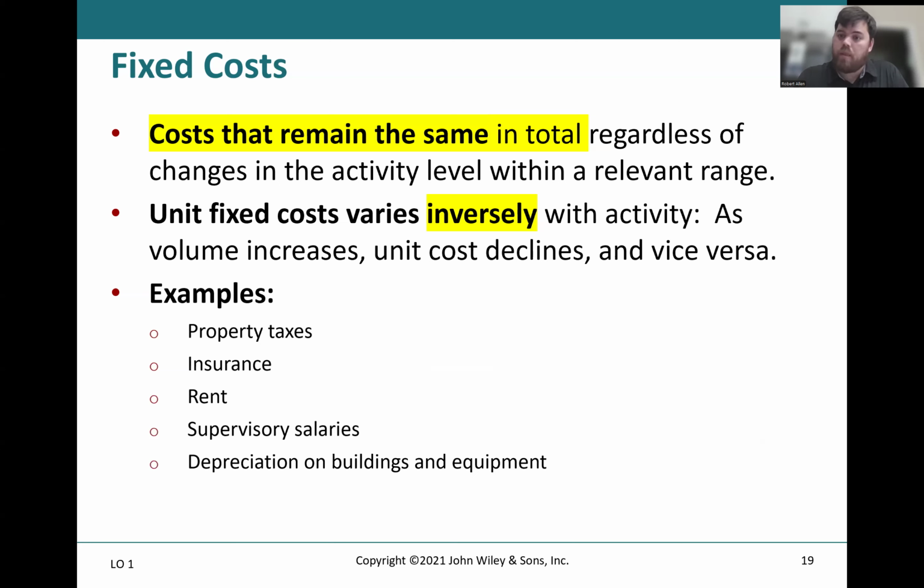But depending on the method, let's say I'm using straight line depreciation, then that depreciation is certainly a fixed cost because it is not changing with regard to changes in activity level. But if I'm using a depreciation method that does change with changes in production, then I have to be careful, and I would need to treat this as a variable cost.